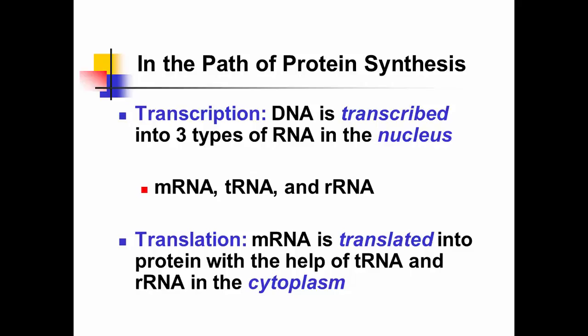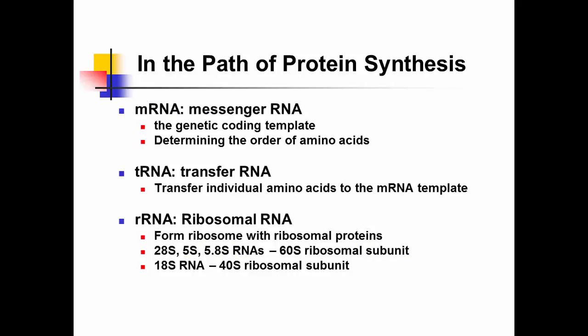And then the second step is translation. Once a messenger RNA is synthesized, it can be translated into a protein with the help of transfer RNA and ribosomal RNA in the cytoplasm, right? The three types of RNA have different functions.